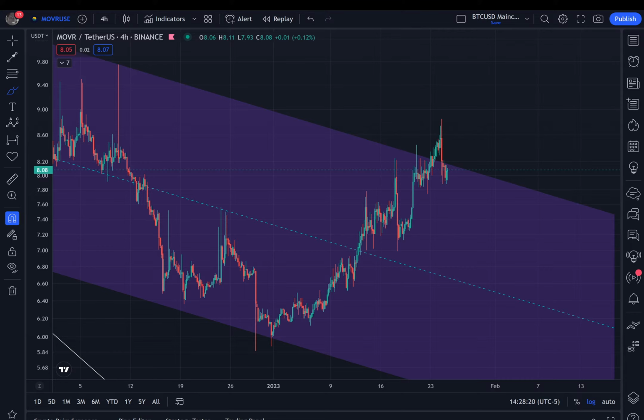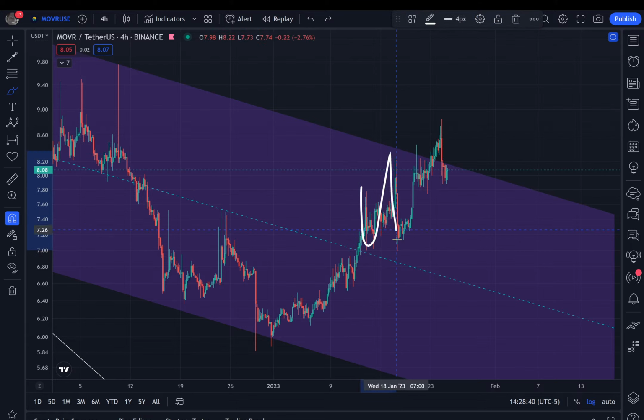Moon River. You hit the top of this bear market consolidation, bear market accumulation channel over here. And this was consolidation at resistance.